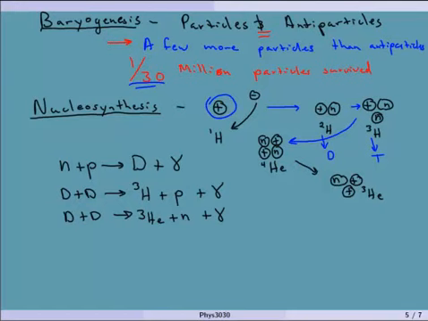I maybe shouldn't, but the name of the element tells you how many protons it has, right? Because the chemical properties of it have to do with how many electrons and how many protons it has. So helium has 2 protons. The 3 means it has 3 nucleons. If it has 2 protons and 3 nucleons, the only thing that's left is 1 neutron. That's the idea here. Helium-4, right?